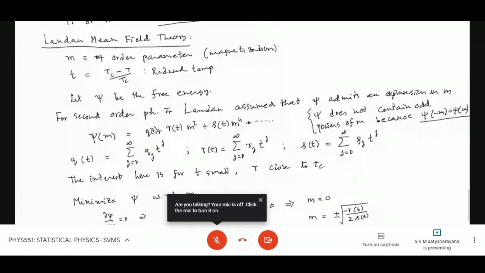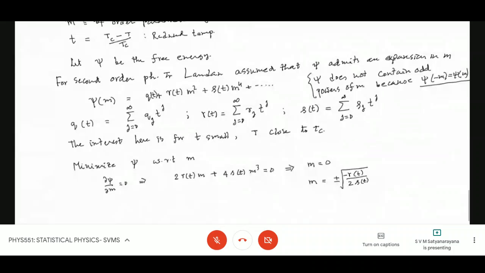So let us try to understand this one carefully.